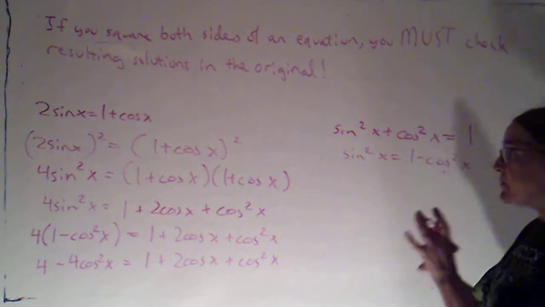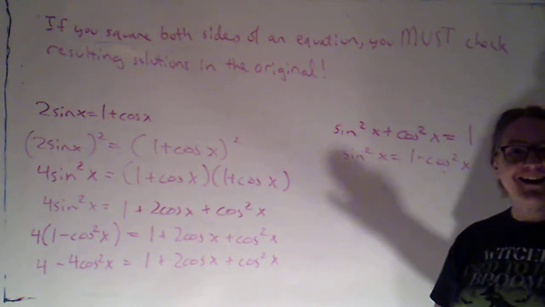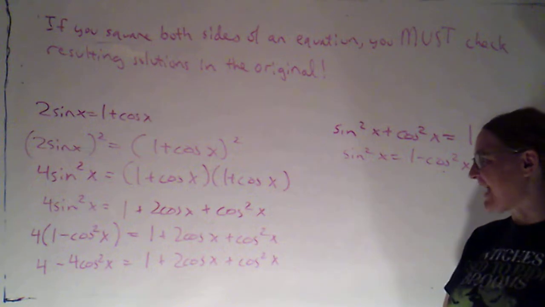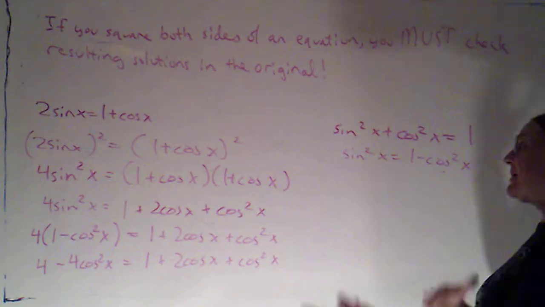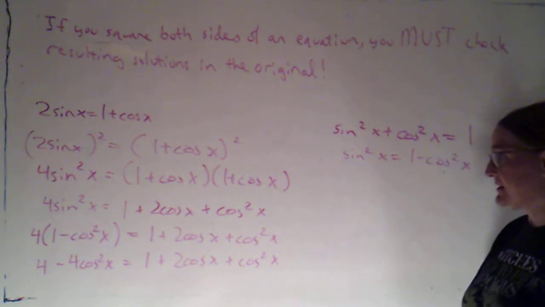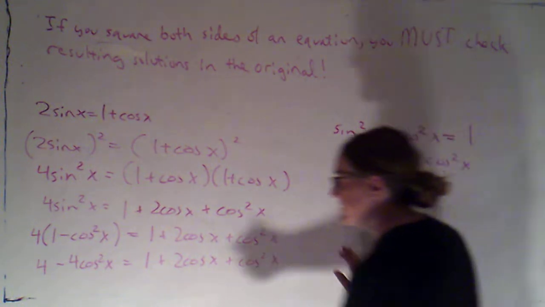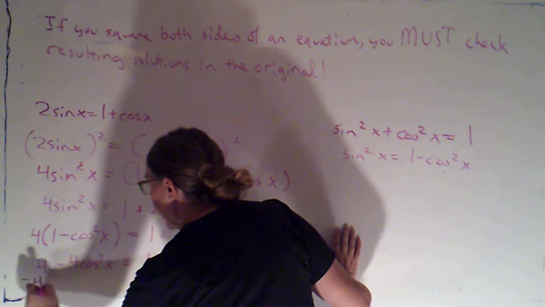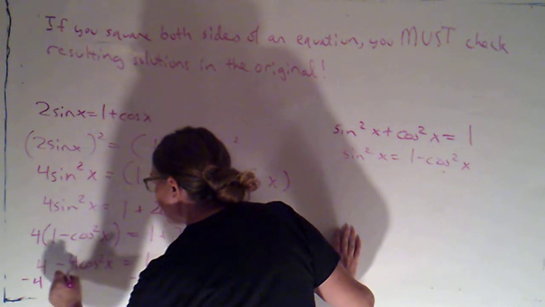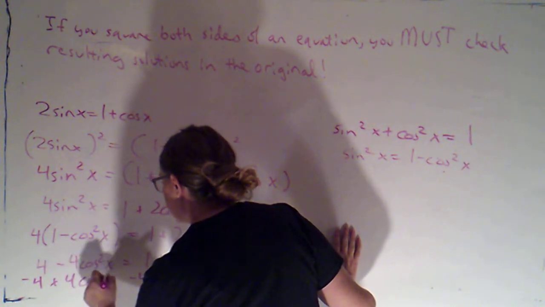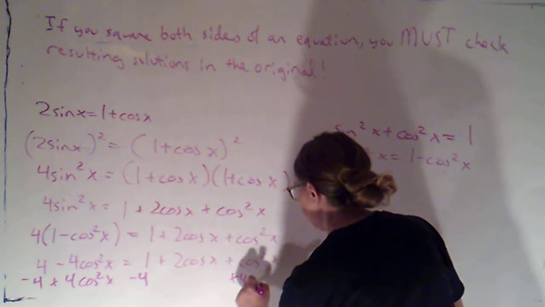Okay, so now no more signs. This is just a quadratic in cosine. I'm going to move everything over to one side and try to set it equal to 0. So I'm going to subtract over the 4, and I'm going to add the 4 copies of cosine squared x.